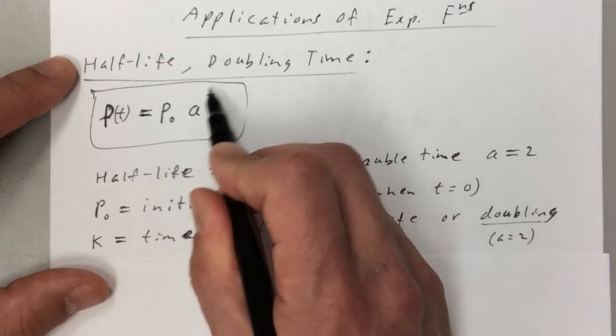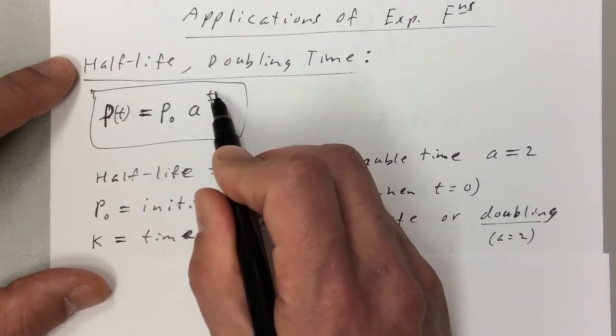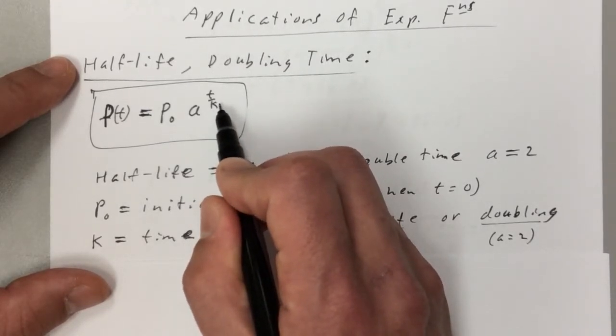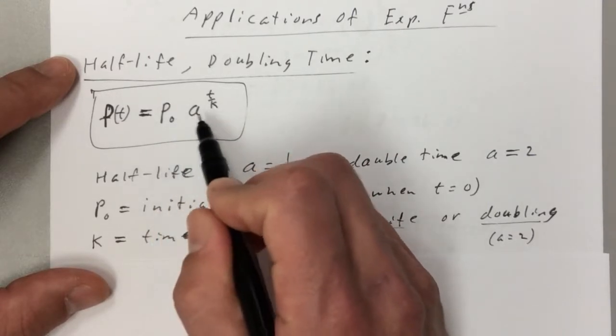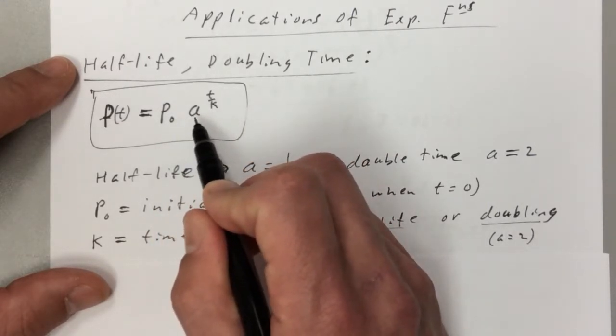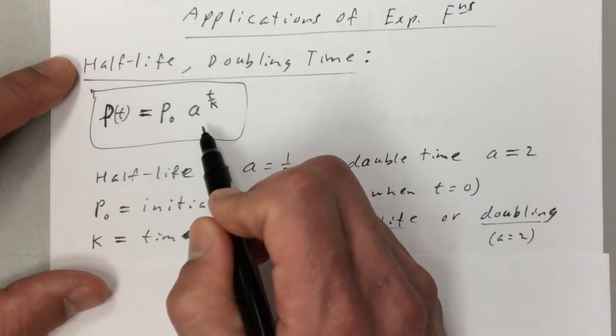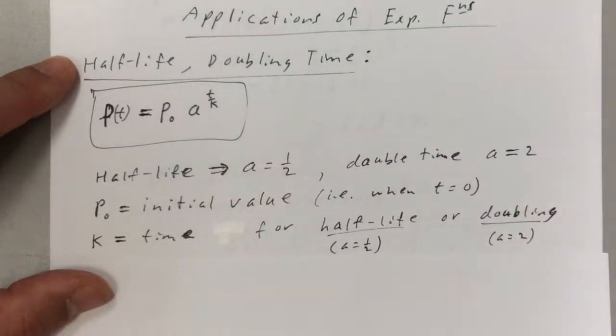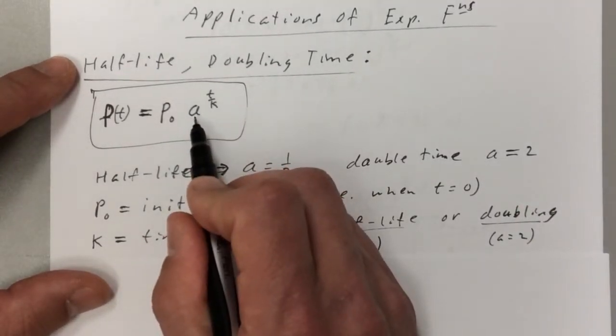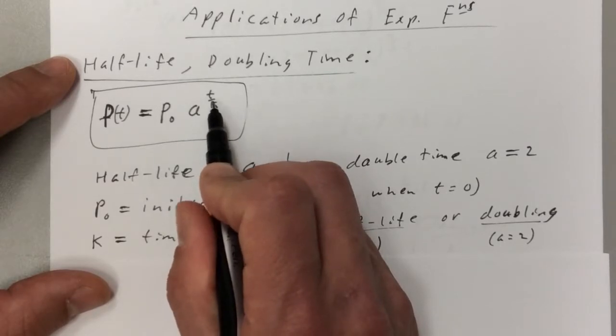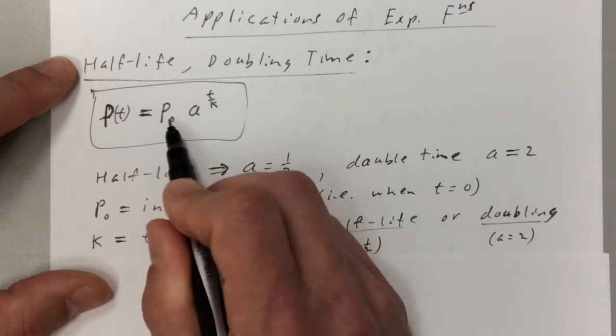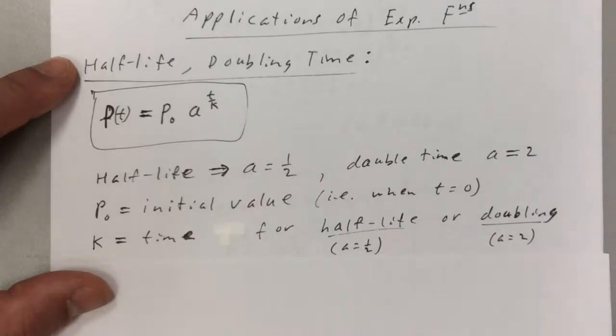When you plug in 3 for t, you get 3 over 3, which is 1. So the initial amount times 2 to the 1, that is times 2, so it would double. If it halves in 3 years, then the base would be half and k would be 3, and whatever the original amount was, we multiply by 1/2.